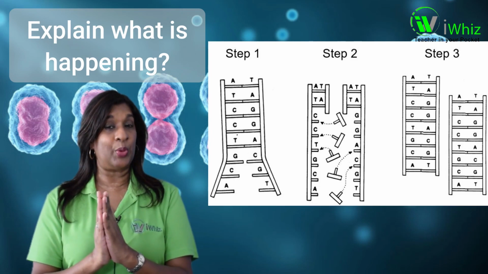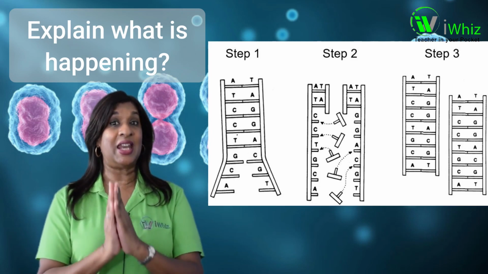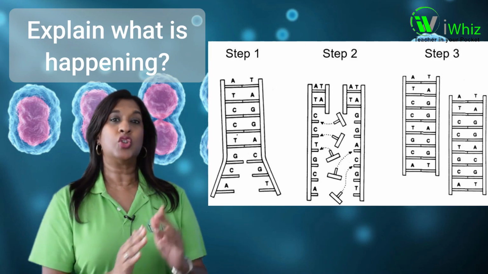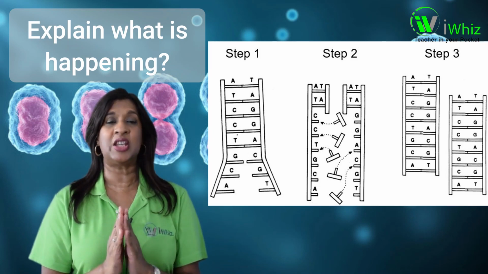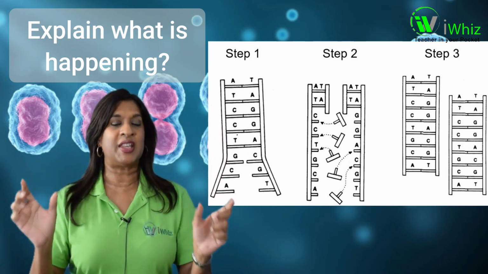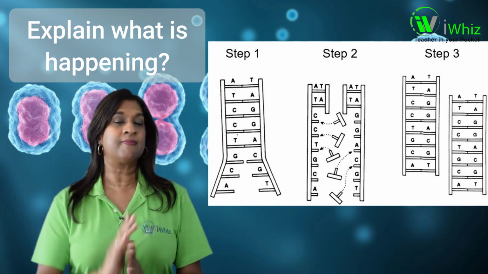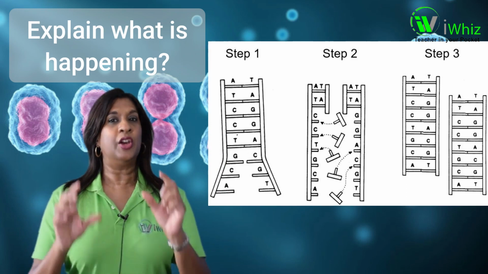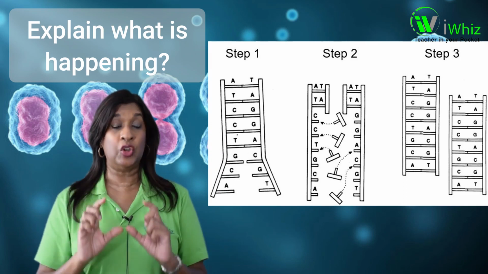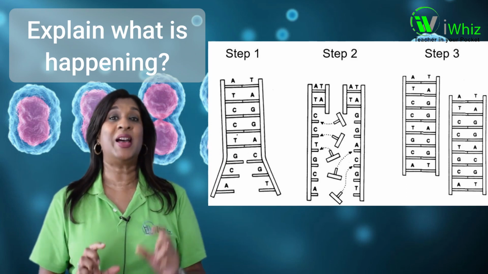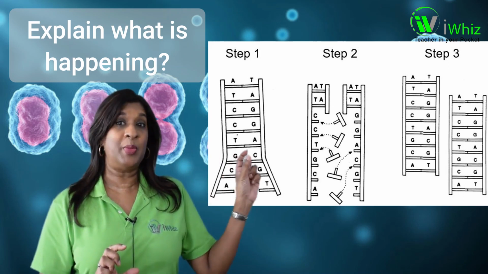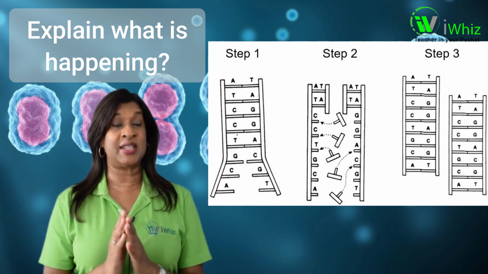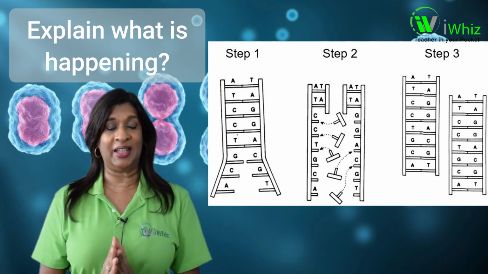In this step, free DNA nucleotides are becoming attached to complementary bases on each of the DNA templates. I'll say that again and watch the diagram, right? Free DNA nucleotides become attached to complementary nucleotides on both your DNA templates. We can see that clearly.